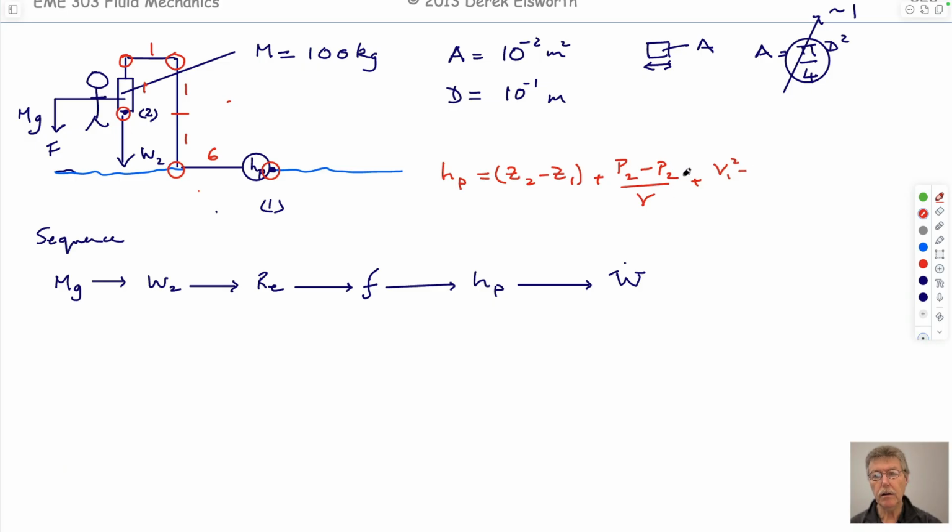Already wrong. These are 1s. This is 2, and this is 1. And this would be the sum of the major losses and the sum of the minor losses.